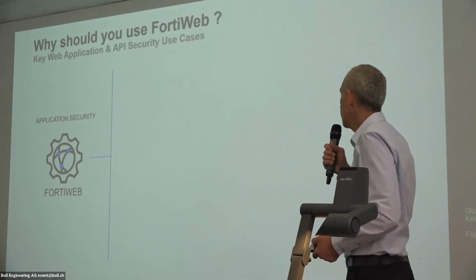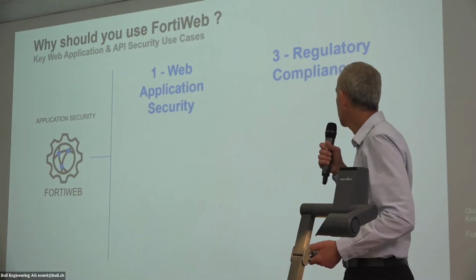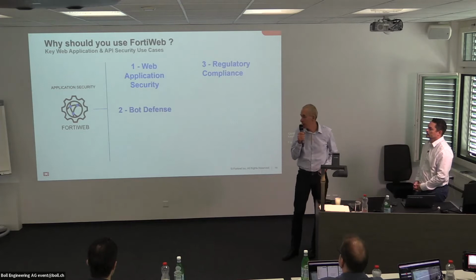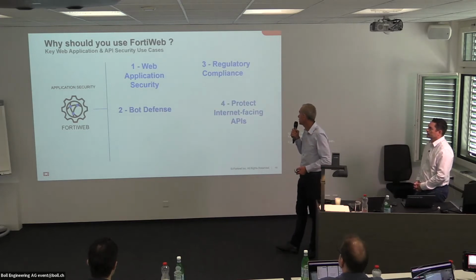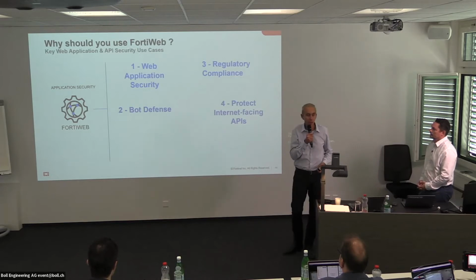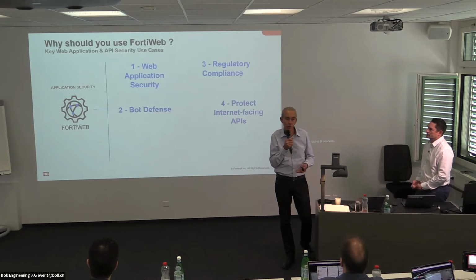So you need a WAF, and obviously the first thing we do is to protect this web application. The second, as you heard, is we protect against all the bot attacks. We protect and we enable, by the way, regulatory compliance. And this is, for example, PCI DSS, as simple as that, yeah, or ISO.